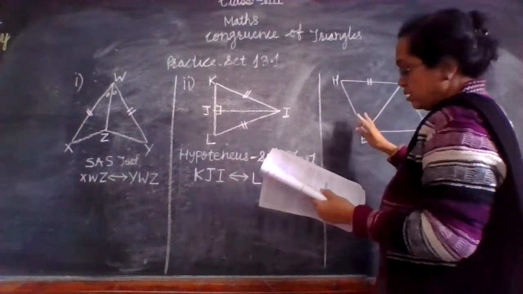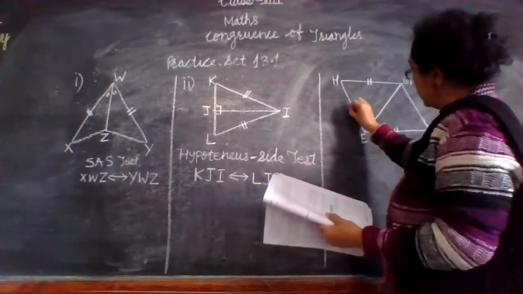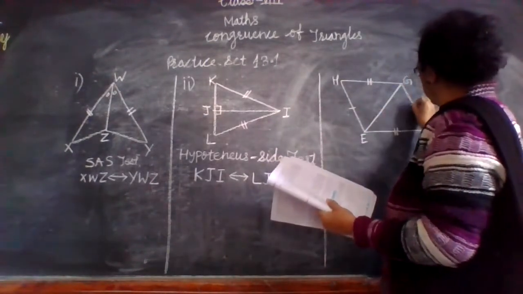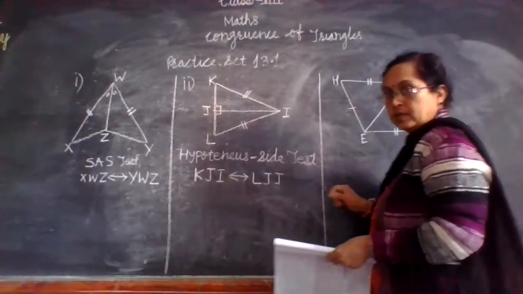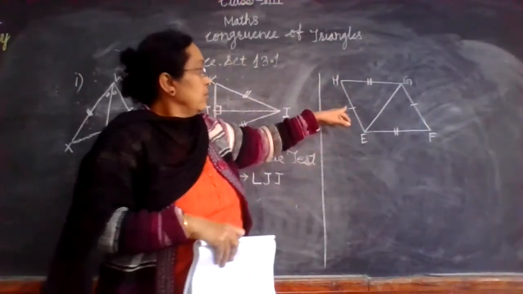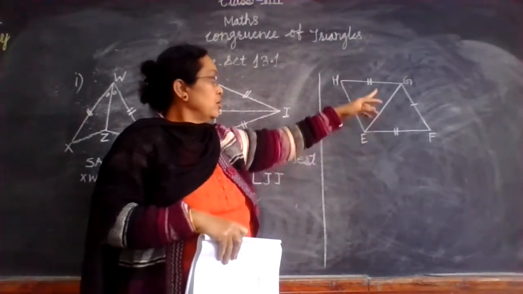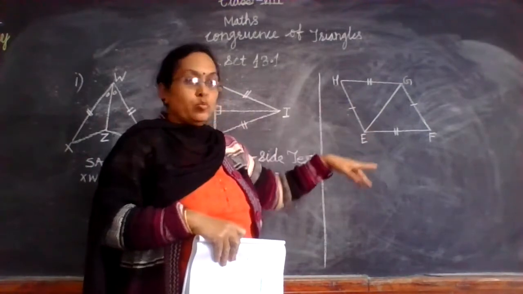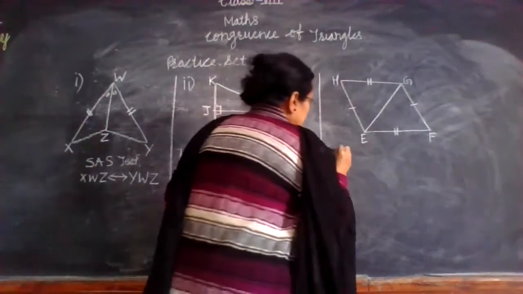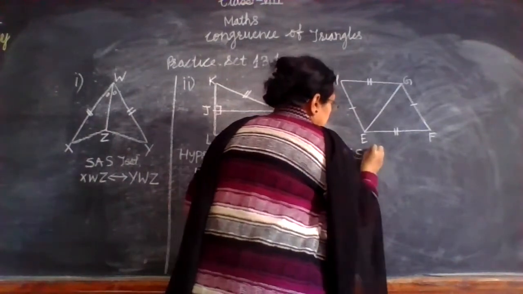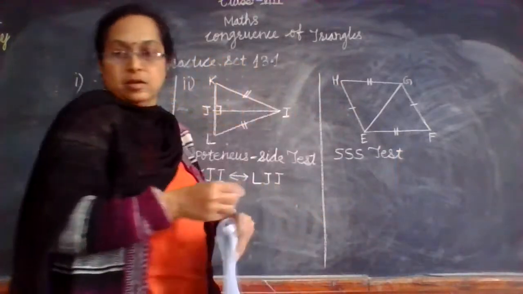This side of this triangle is congruent to this side and this side is congruent to this side. Now if we will see here two sides and one side, that is EG or GE, that is common to both the triangles. So by SSS test of congruence, these two triangles are congruent.